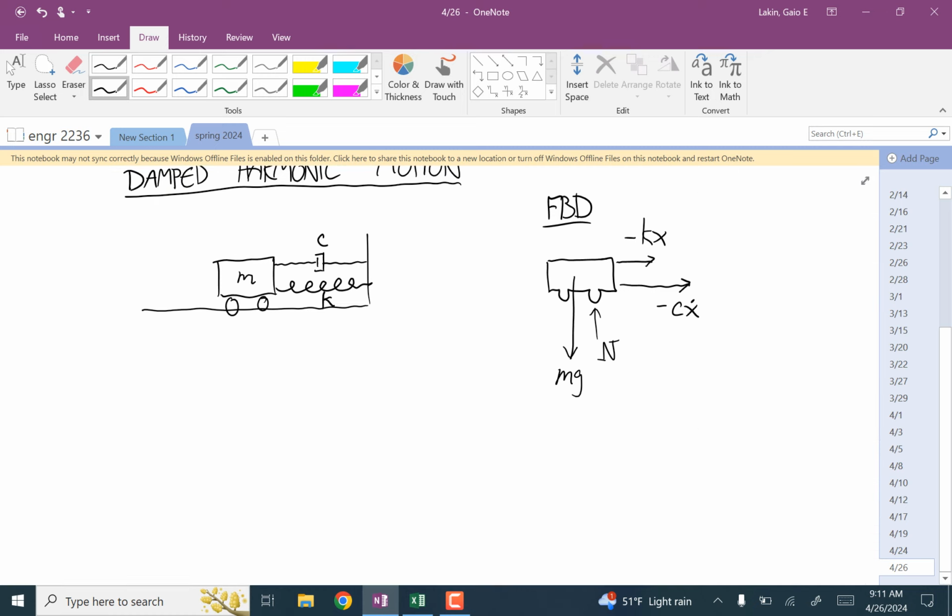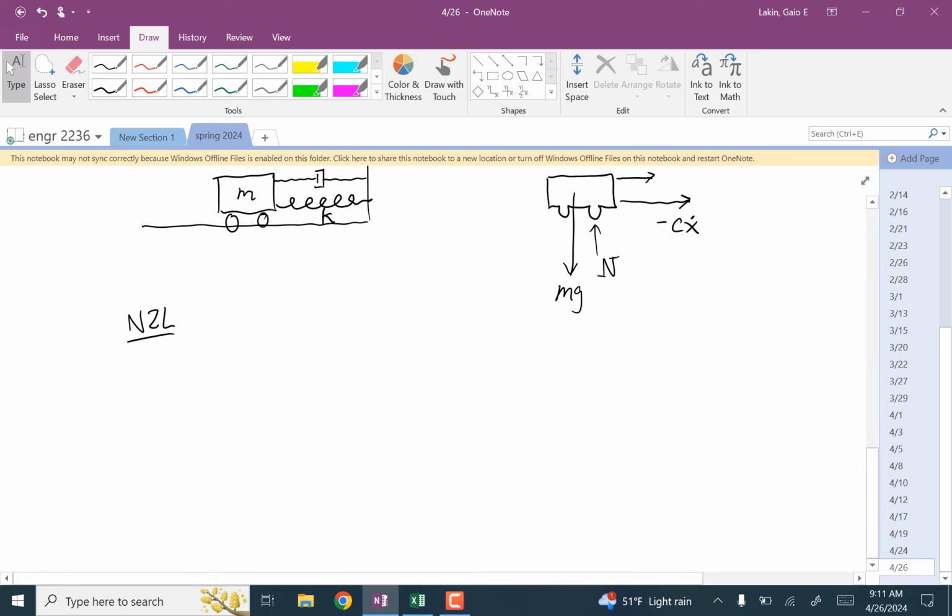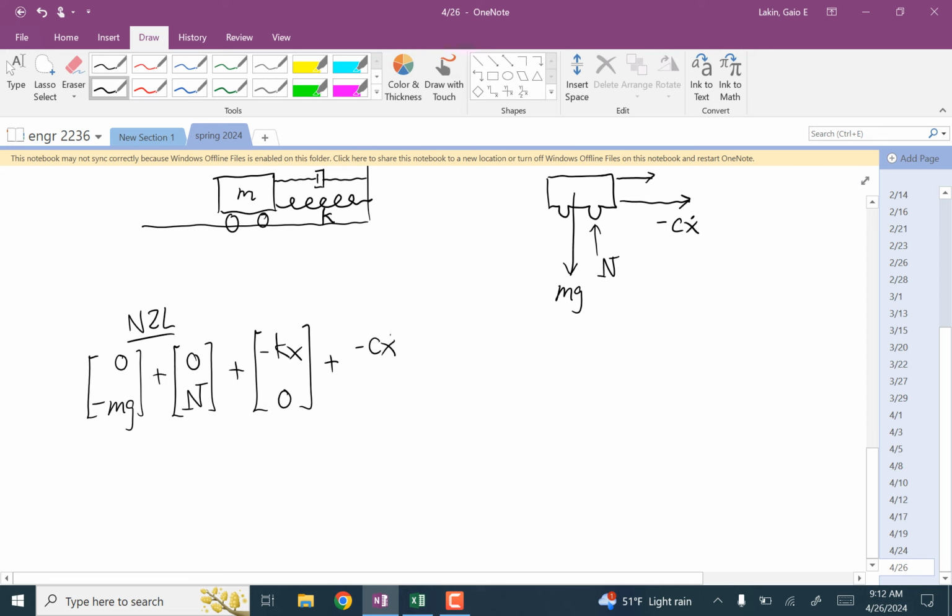Newton's second law says 0 negative mg plus 0n plus negative kx 0 plus negative cx dot 0 is equal to the mass times the acceleration, and the acceleration is just horizontal.